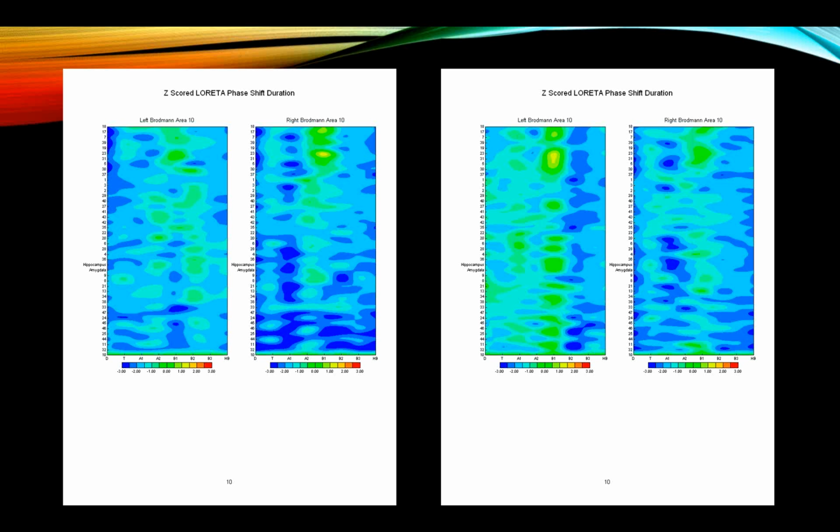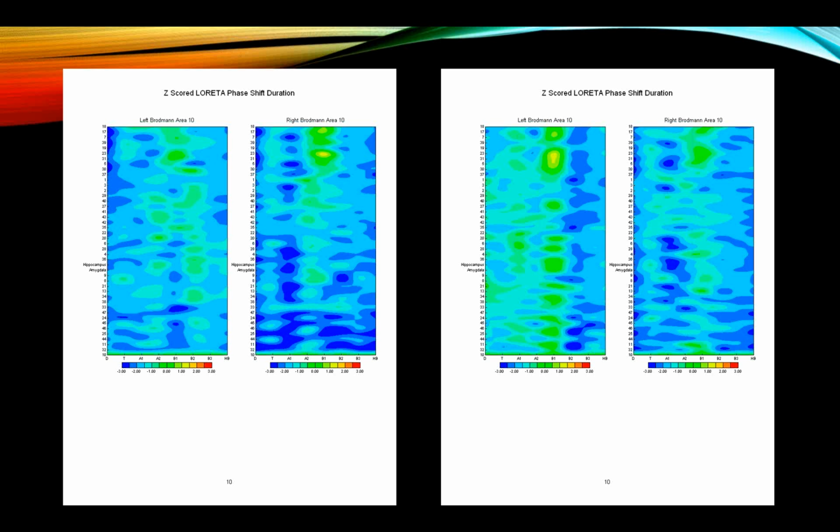Now here's some really exciting data. Not that the other stuff isn't exciting, I'm excited about that, but I'm extraordinarily excited about seeing phase shift in LORETA change, which is something that is extraordinarily difficult to pull off. And it's something that I've been looking for quite some time.